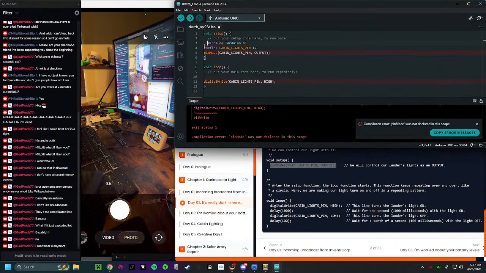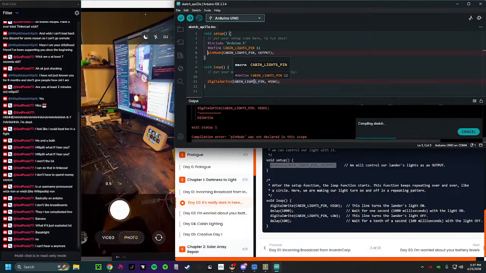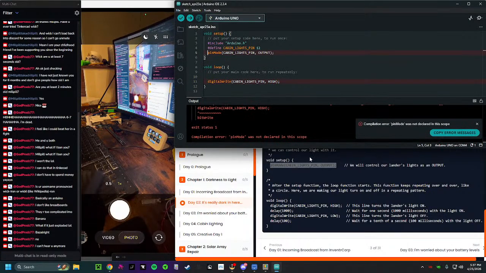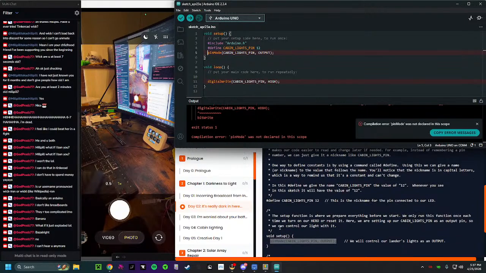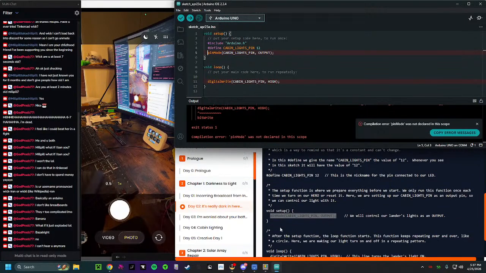Oh my lord, I forgot about this. You have to do this to get it in the loop. Still not working. Is it because those two need to go above?